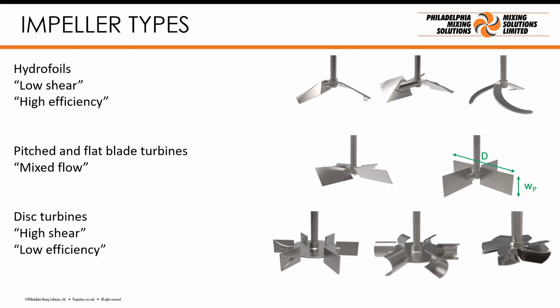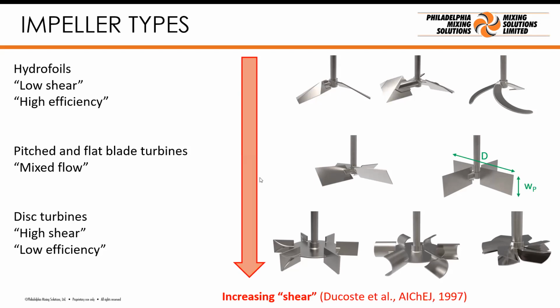The projected height of the hydrofoils is smaller for a given diameter than a pitch blade turbine or a flat blade turbine. So if you look in the literature, it's generally accepted that hydrofoils are low shear, high efficiency, and disk turbines are high shear and low efficiency in terms of their pumping capabilities.